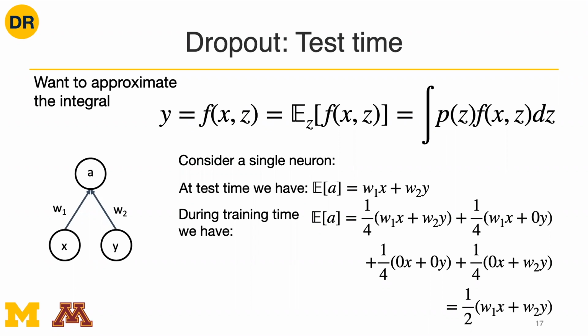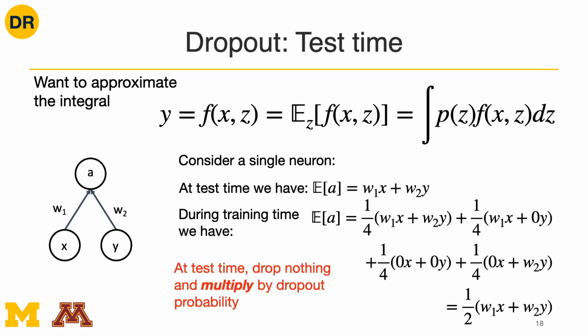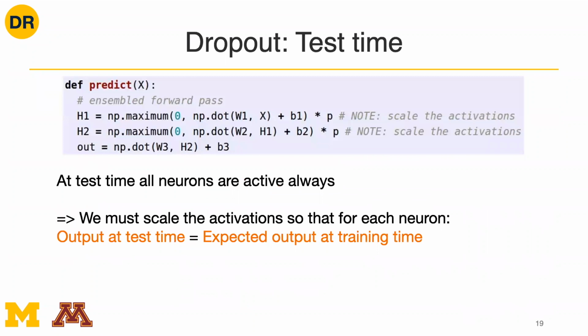The easiest way to think about it is that if you average out all of these different expected values, you will see that there is a scalar being multiplied in the training phase. So all you have to do in the testing phase is to use that scalar value, which is also called the dropout probability. Imagine during prediction time you have H1, H2. You just multiply with P, which was the dropout probability that you had during the training phase.